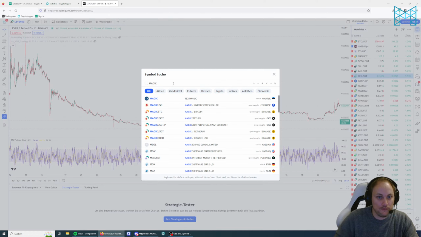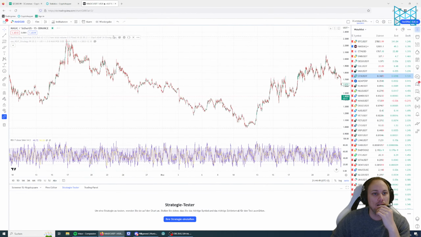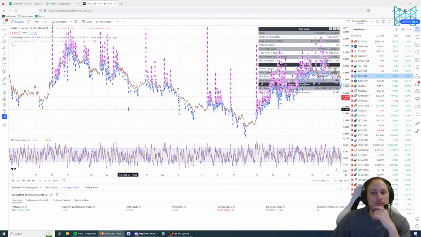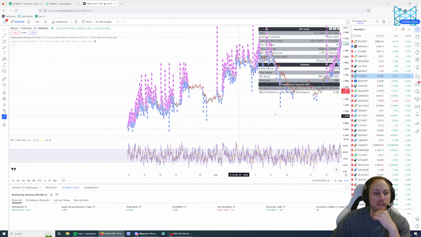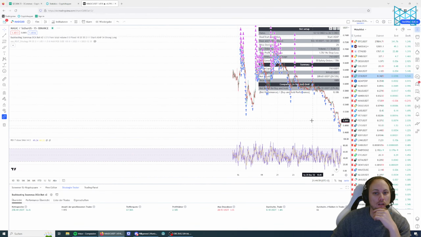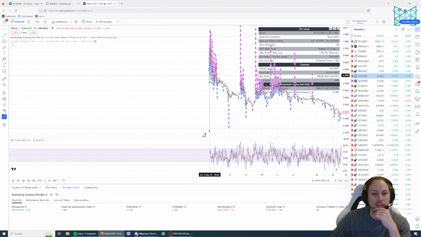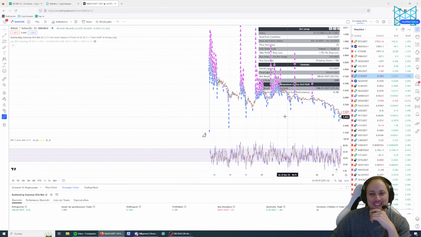Magic USDT. 36%. Oh wow, this is also a really, really nice profit coin. It also started recently. That's where you get the coins: there are always coins which have just recently started.